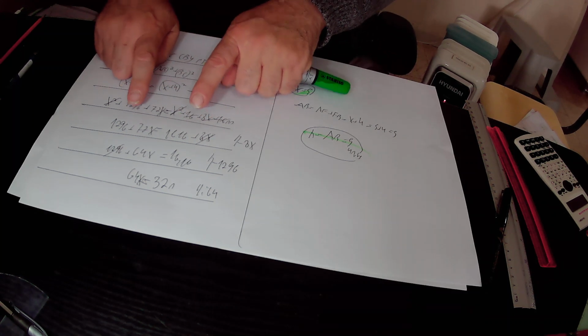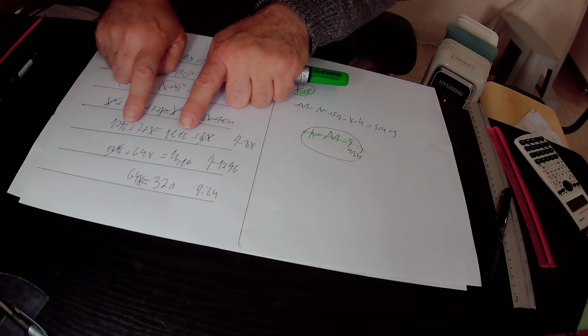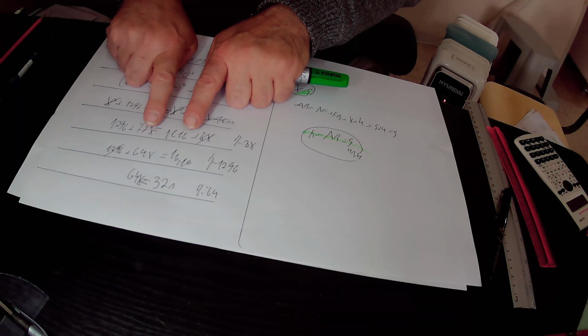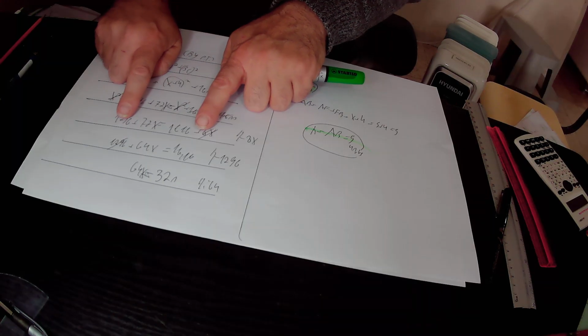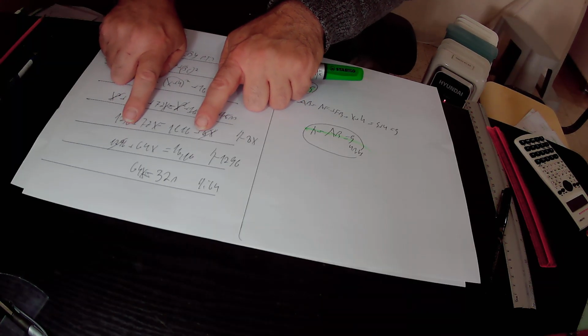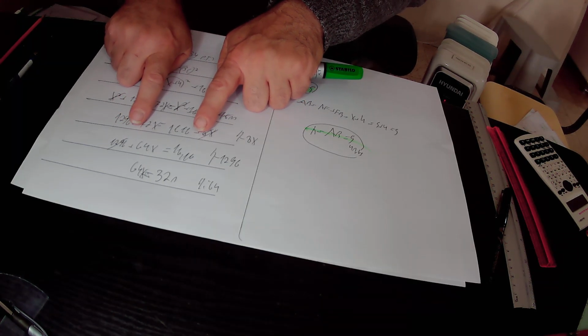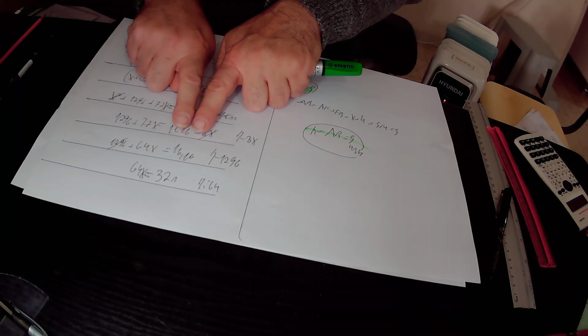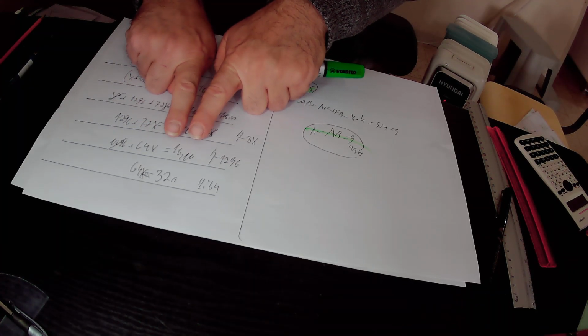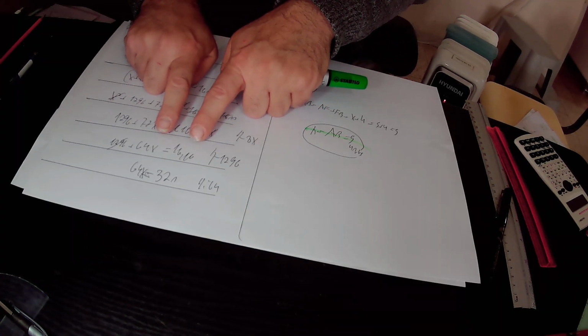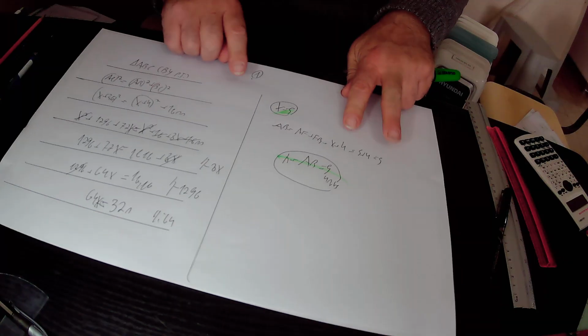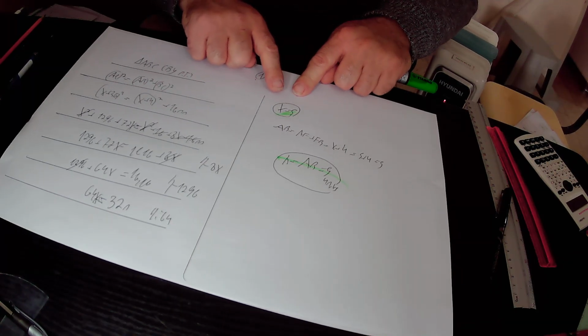So in total we found that 1296 plus 64X equals 1616. Here we subtract 1296 from both sides, and we find that 64X equals 1616 minus 1296, which is 320. So 64X equals 320. Here we divide the equation by 64, and we find that X equals 320 over 64, which is 5.